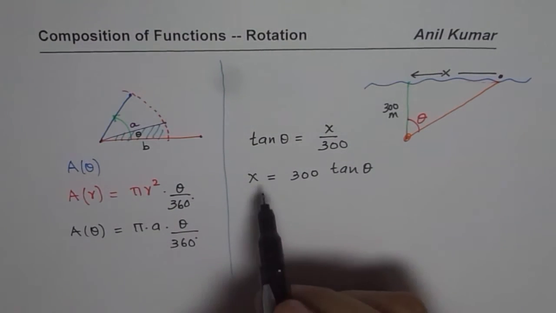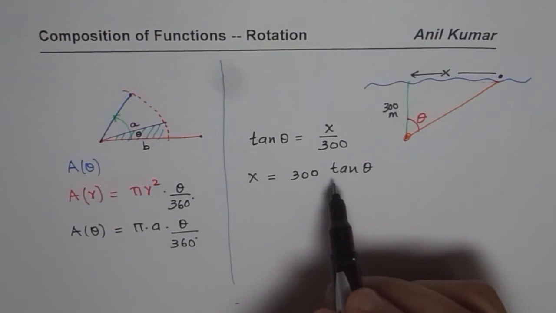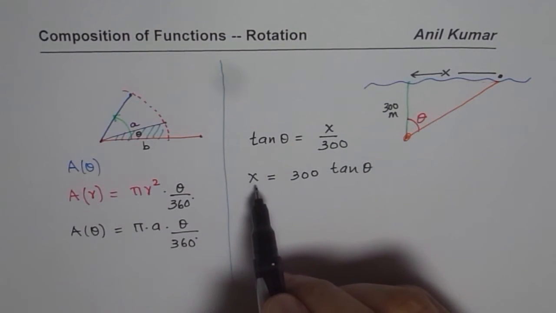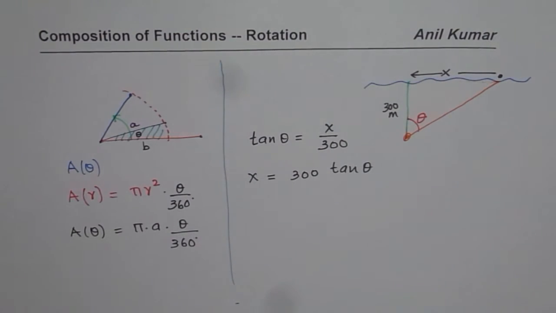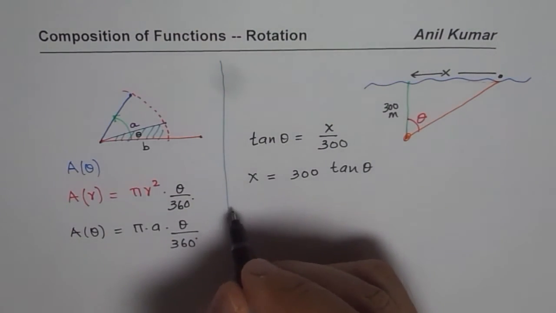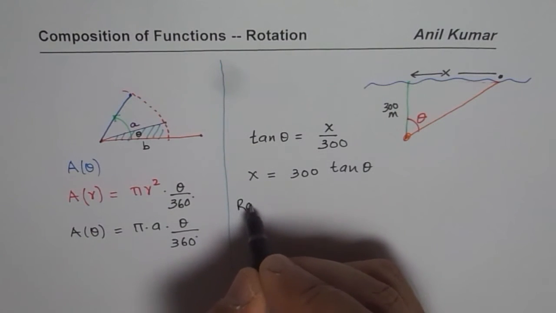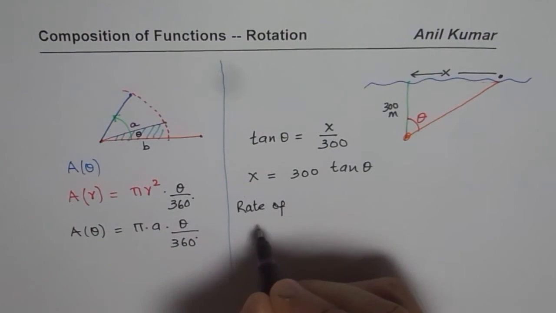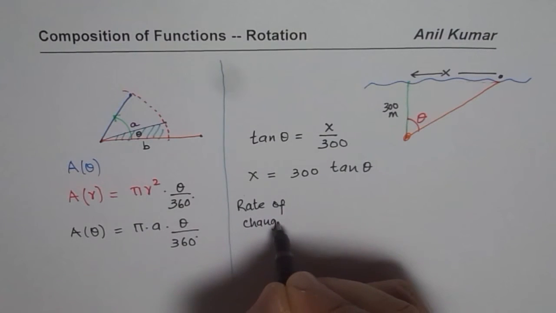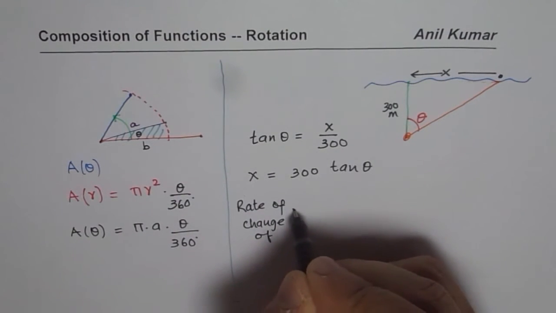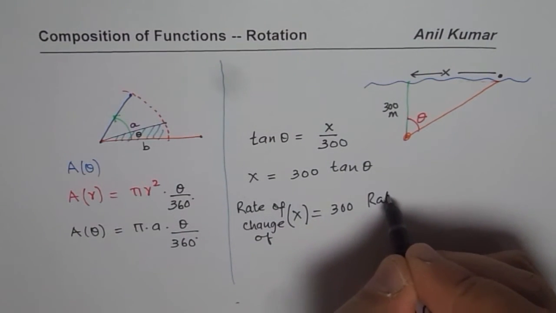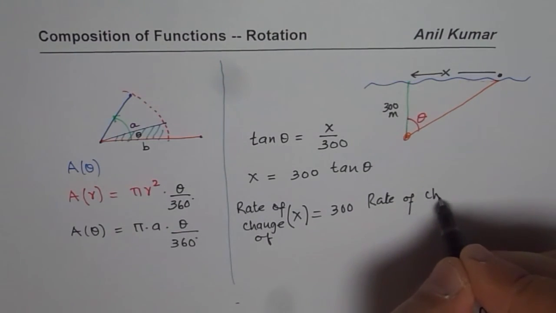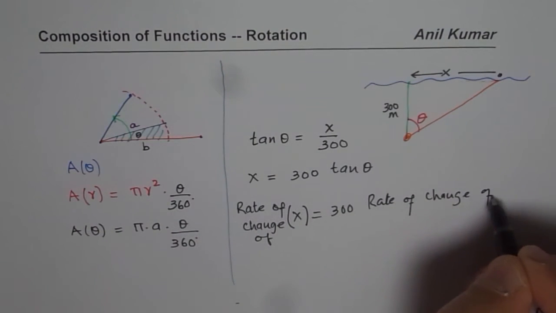Now, since we know the relation of distance with respect to the angle, now if I have rate of change with time, do you understand? If I have rate of change of x, then that will be equal to, let me write in bracket, 300 times rate of change of tan theta.